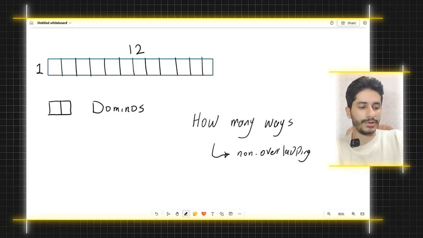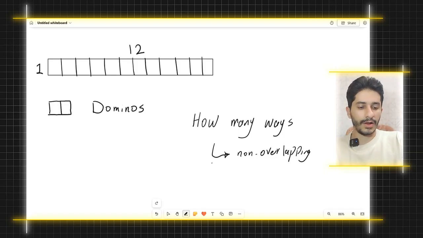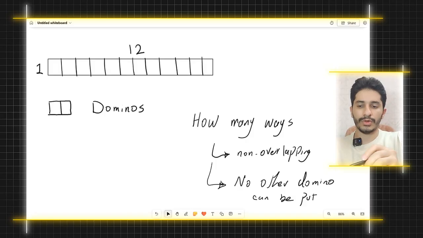In other words, you cannot put two dominoes that overlap each other. For example, one here and another one here. You cannot do that. Also, at the end of the day, no other domino can be put.